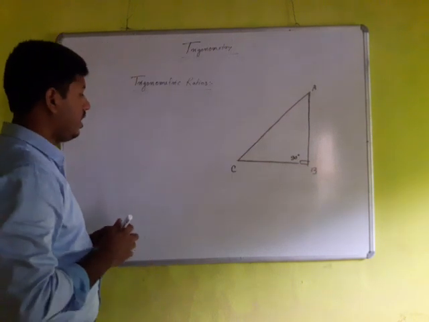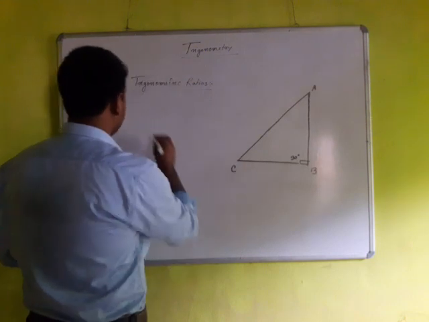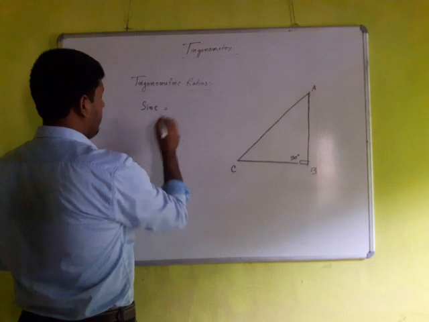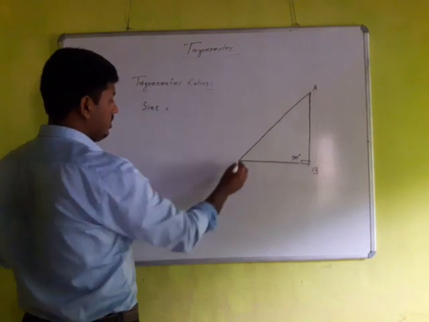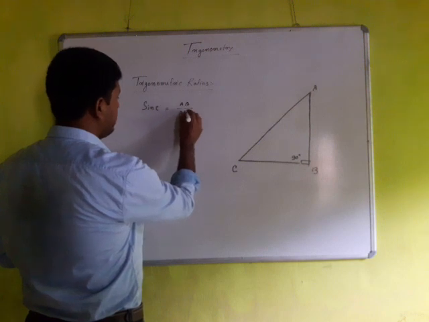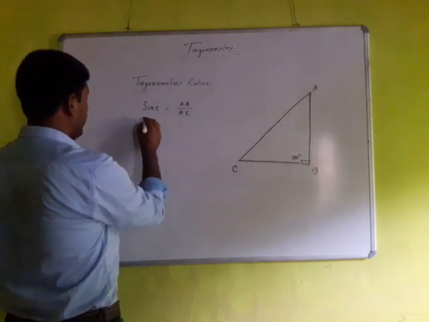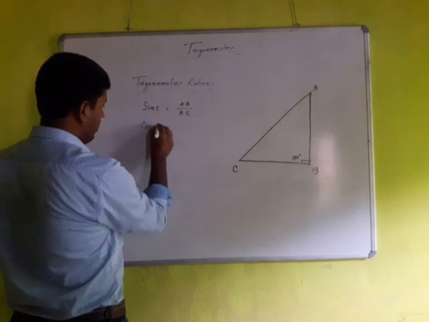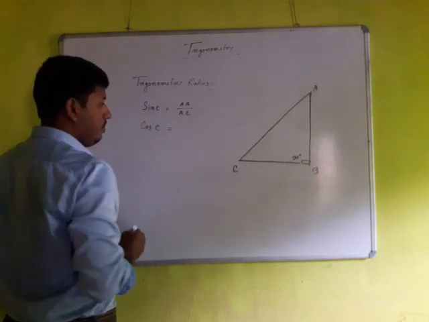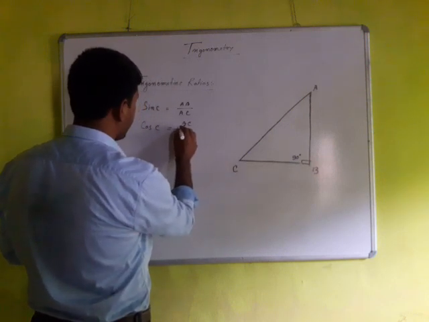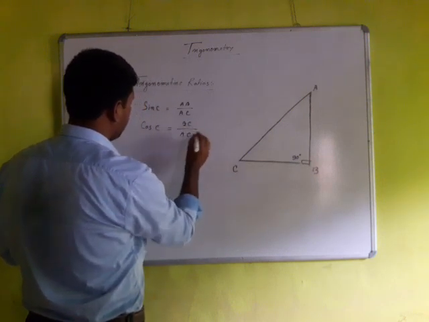These six ratios are: with respect to C, sin C equal to perpendicular by hypotenuse, that is AB by AC. cos C equal to base by hypotenuse, that is BC by AC.